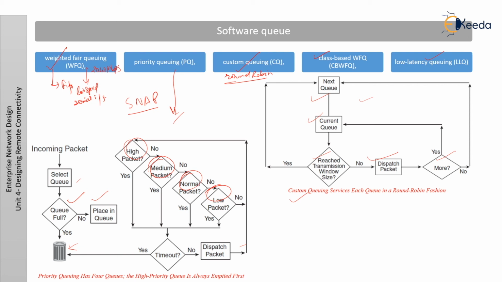Without low latency queuing, CBWFQ, or class-based weighted fair queuing, provides weighted fair queuing based on defined classes with no strict priority queue available for real-time traffic.